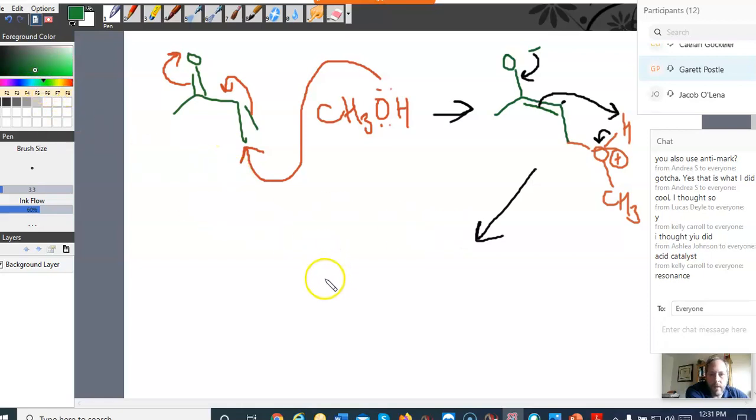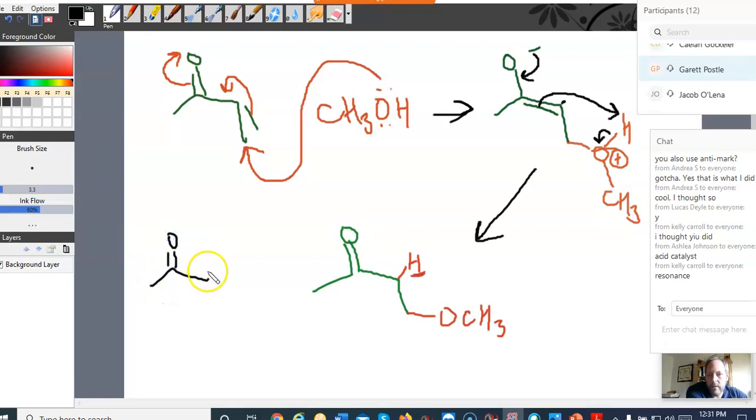So your final compound, you have the H here, and you have your OCH3 right there. Now you don't have to write that hydrogen right here. I'm just writing it to show you where it goes. But if you just want to write your final compound like this, it's totally fine.